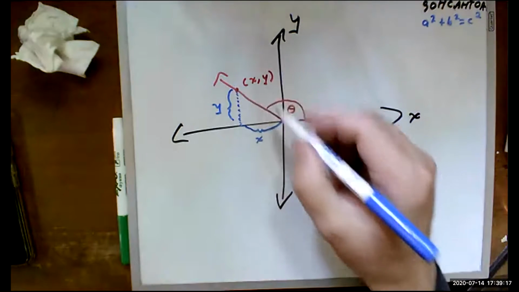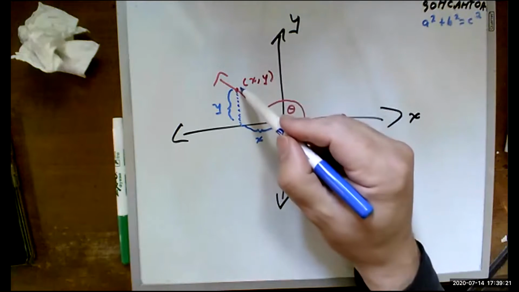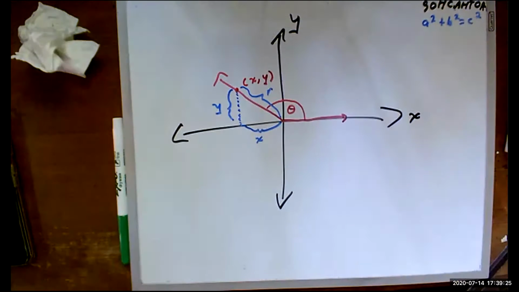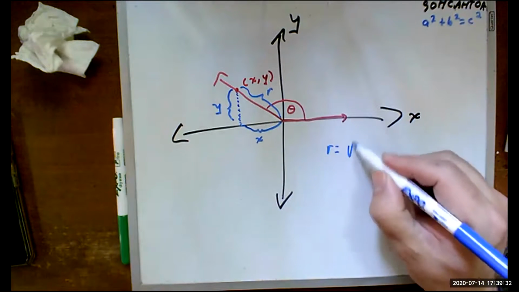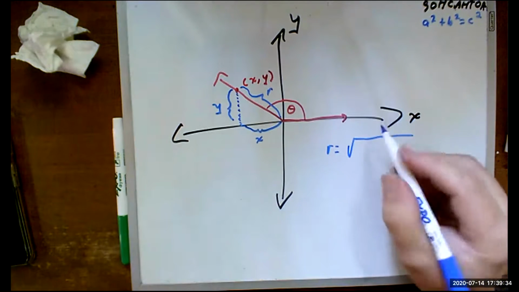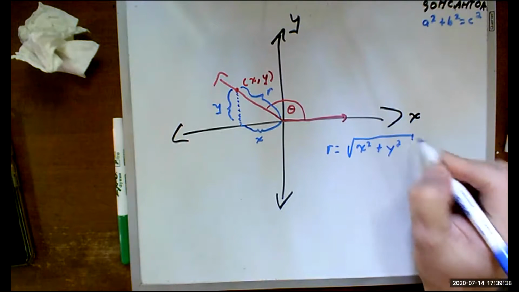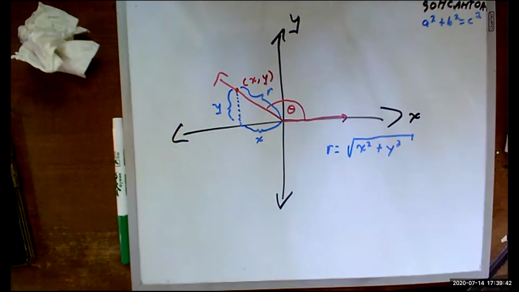For the time being, I'm going to call this length from here to the point r, like it's the radius of a circle. From that, we know the following. Our radius is going to be equal to the square root of x squared plus y squared. And this is just a rearrangement of that sort of formula.